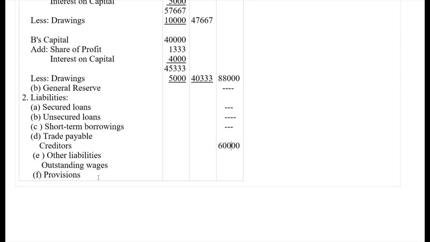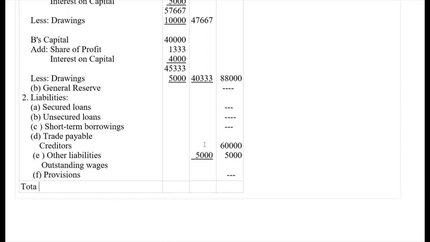Then outstanding wages, 5,000 here. Then we don't have any provisions here.